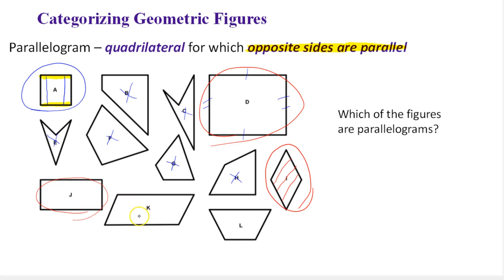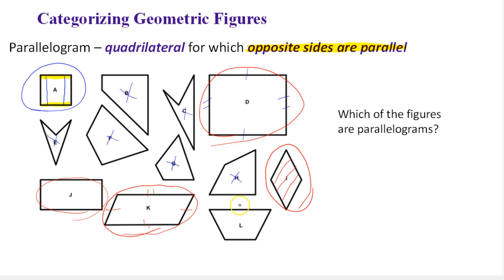And this is what we call our typical parallelogram because it's not any of the other categories like squares or rectangles. The opposite sides are parallel, but it doesn't have any right angles and the sides aren't the same length. So it's not a square or a rhombus or a rectangle, but it's a parallelogram.